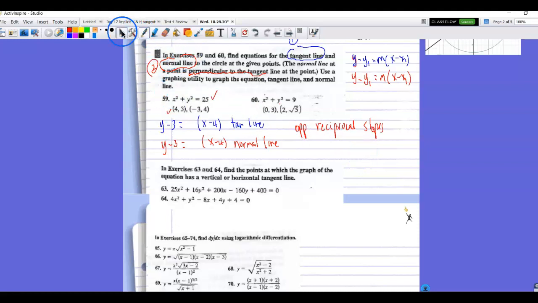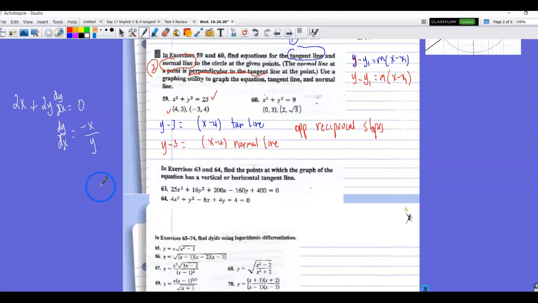So to find my slope generator, I'm going to come over here on the side and do implicit differentiation. The derivative of x squared with respect to x is 2x. The derivative of y squared with respect to x is 2y times the chain, dy/dx, equal to 0, the derivative of a constant. For dy/dx, my slope generator, I'm going to subtract 2x from both sides and divide by 2y.